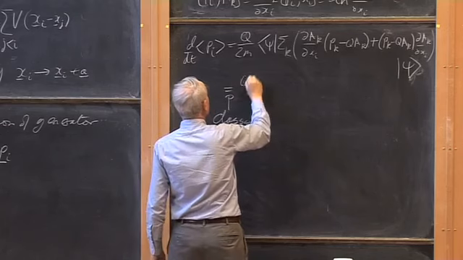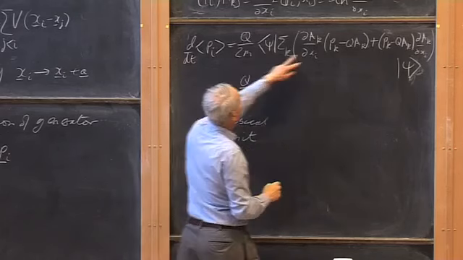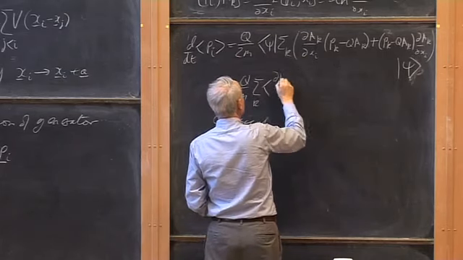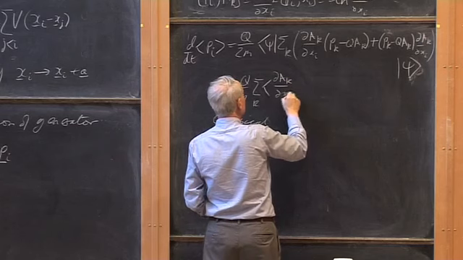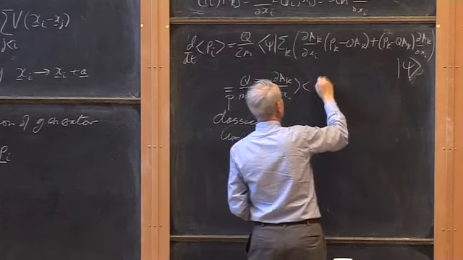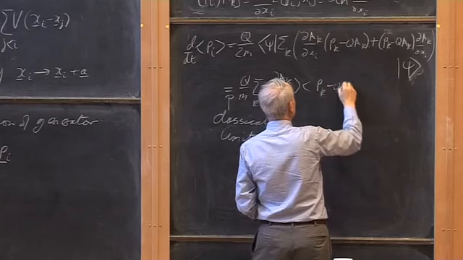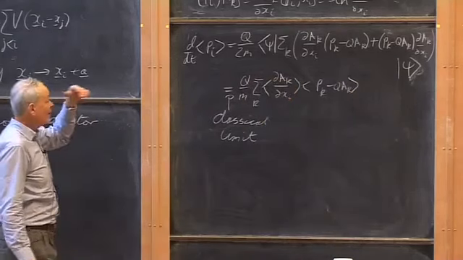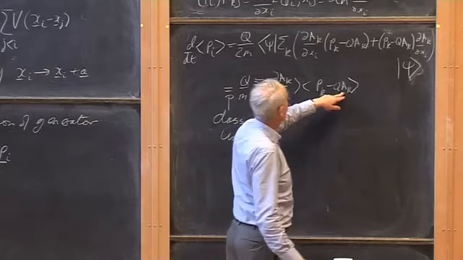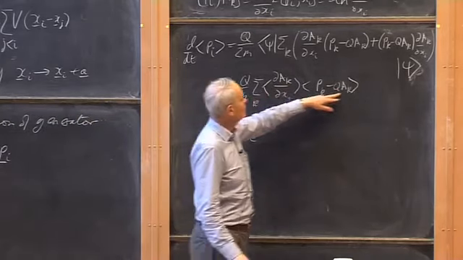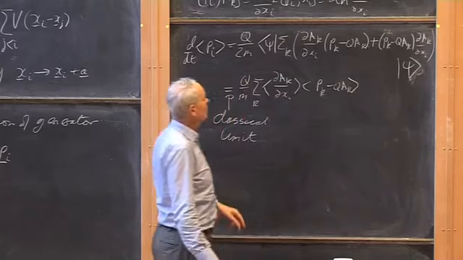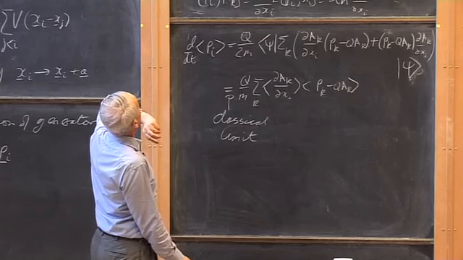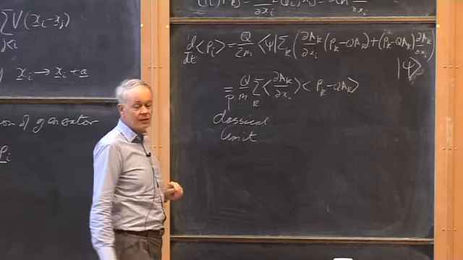we can write this as Q over M, because I'm going to combine these two terms, the sum over k of the expectation value of dA_k by dx_i times the expectation value of p_k minus q A_k. Now we can simplify again, because this expectation value of p_k minus q A_k, remember we showed above, without any fudging, was equal to the mass times the expectation value of the velocity.